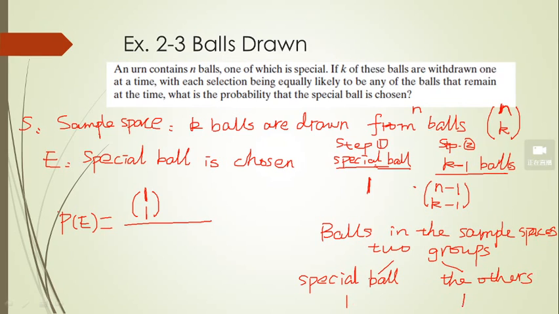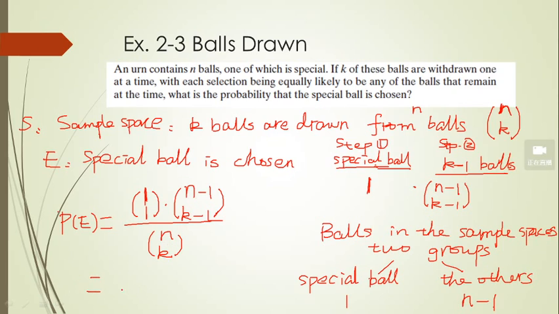The others total we have n-1. So it's the same: 1 choose 1, you choose the special ball, and then times the second step, you choose k-1 from the other group. That is the total number of possible outcomes in event E, divided by the outcomes in the sample space, which of course is n choose k.